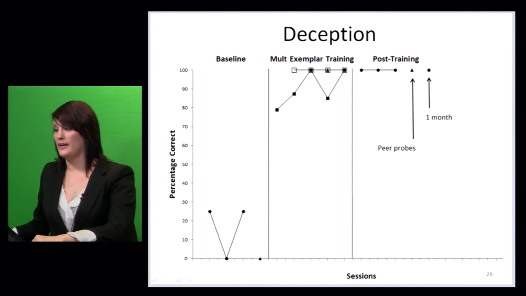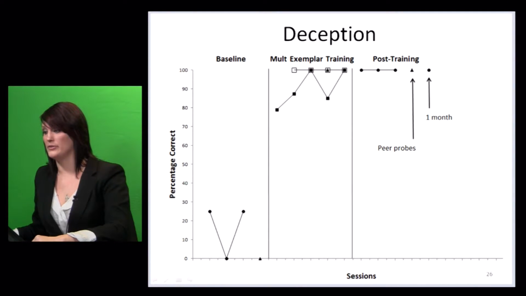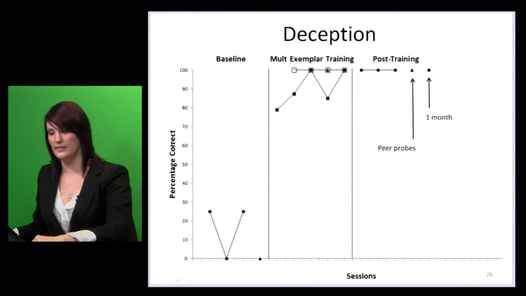Then we brought in another peer that was not included in baseline to test to see if the child would respond the same way he was responding to the therapist with a new peer. And in this case, the child was responding at 100% accuracy, and so we moved to post-training.